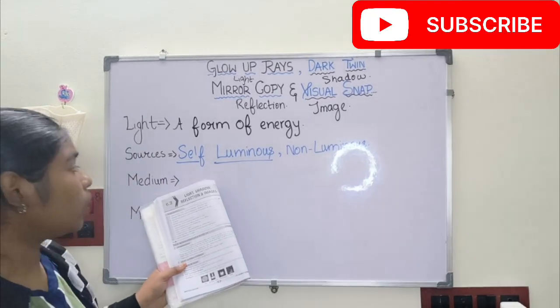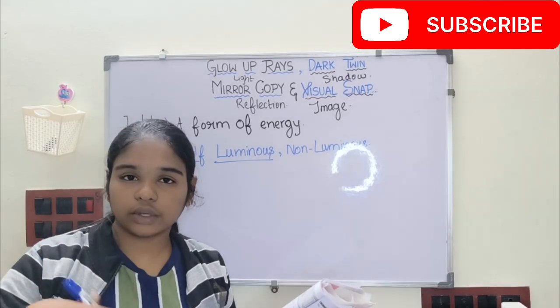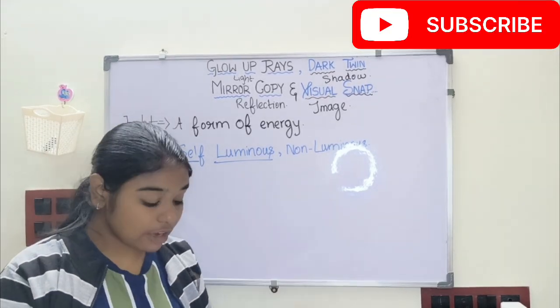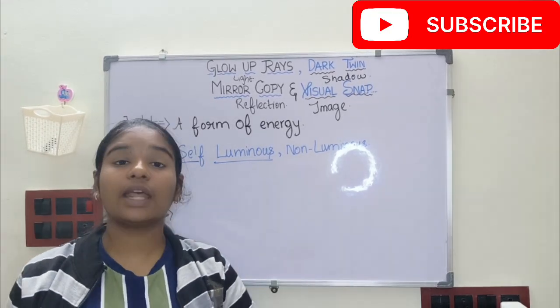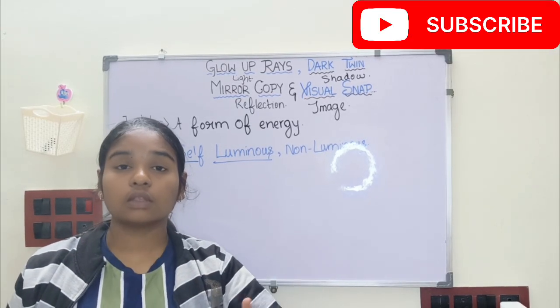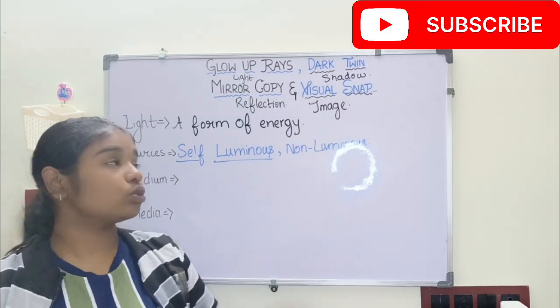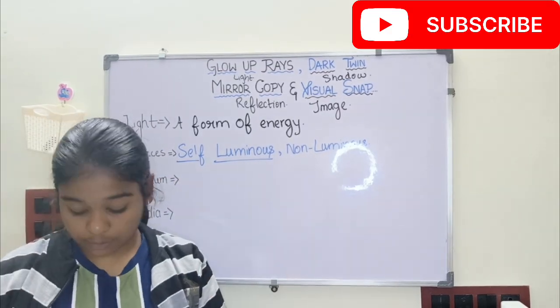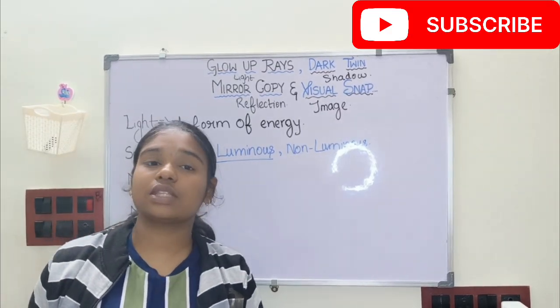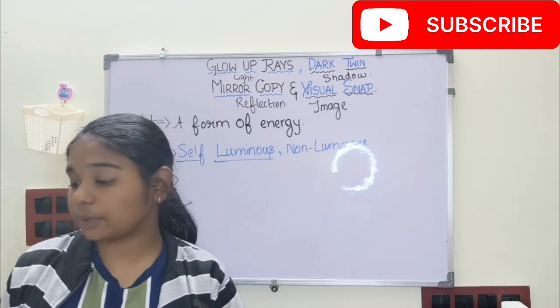When you see this word, you get to know that self means own. Self-luminous bodies are bodies which emit light on their own. Examples you can say are the sun, a candle, a light. I'm going to show you.